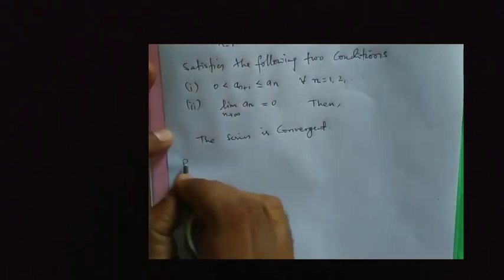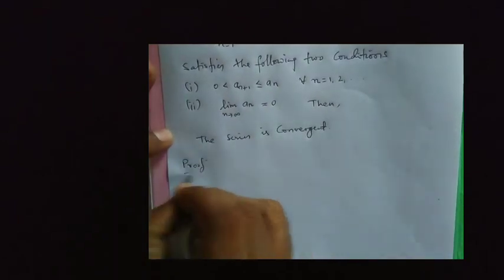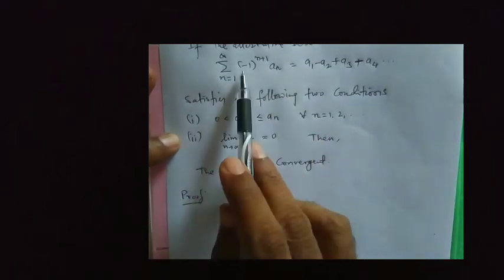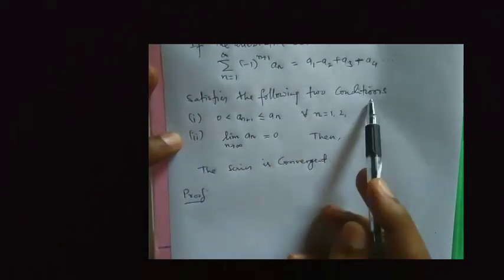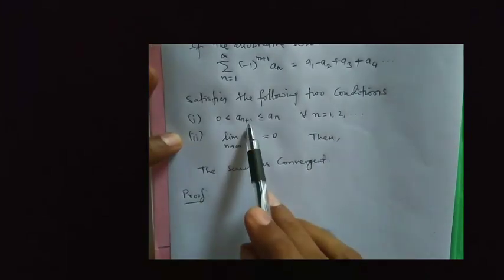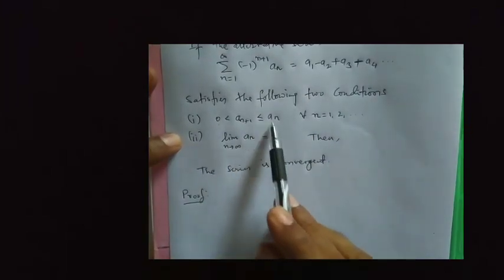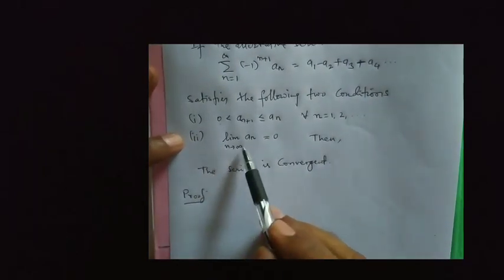Now what is the proof of this? Now let us see the proof. The Leibniz test says that if the alternative series satisfies the following two conditions, say a(n+1) less than or equal to an for all n equal to 1, 2, 3, 4 and so on, and the second condition is the limit of an is equal to 0.